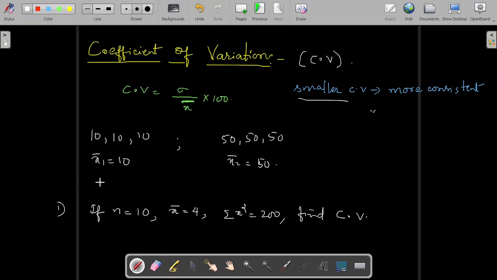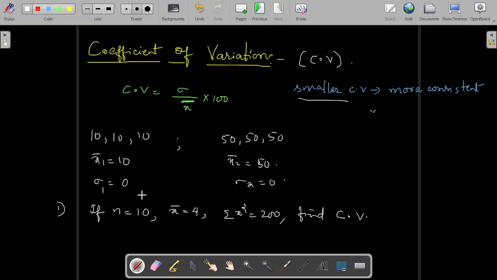Standard deviation sigma 1 is 0, and the standard deviation of the second is also 0, because there is no deviation from the mean. They are concentrated at the center value itself. No dispersion, no scattering. The data is not spread. So you will get standard deviation 0 in both cases.